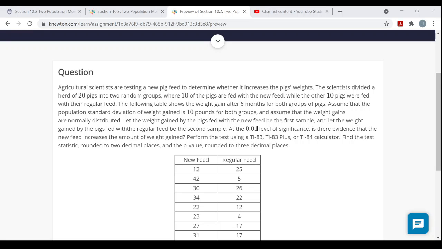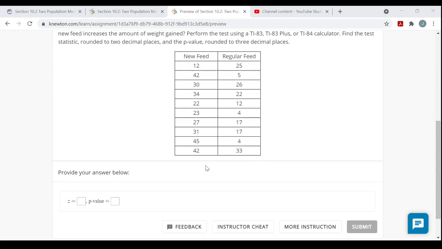At the 1% level of significance, alpha is 0.01, is there evidence that the new feed increases the amount of weight gained? And we're going to use the calculator, and they're only asking us here for what the test statistic and the p-value for this test would be, which are given by the calculator.